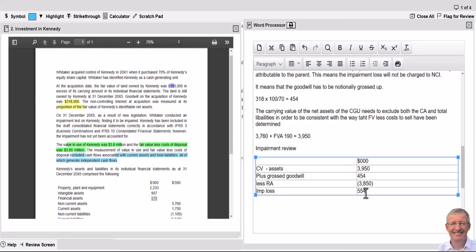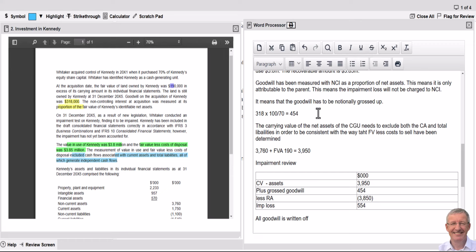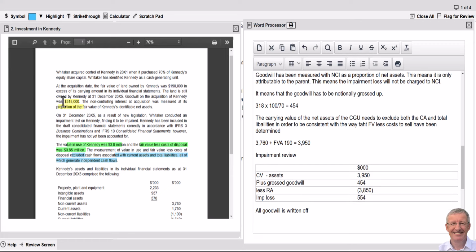554. Now, part of me wants to really slow down, but part of me just wants to execute. I can see that the impairment loss exceeds the grossed up goodwill. So all the goodwill is written off. Now, the amount of the actual goodwill in the accounts is only 318.